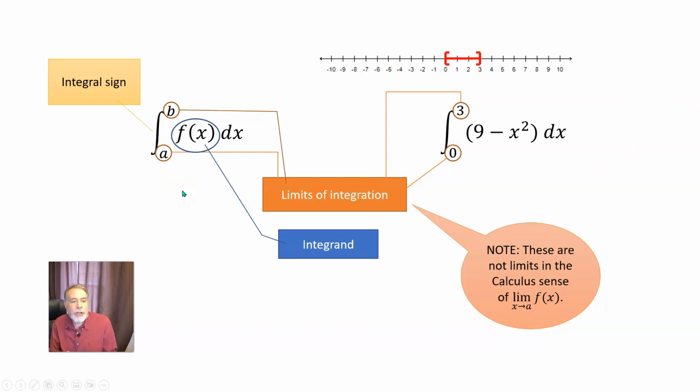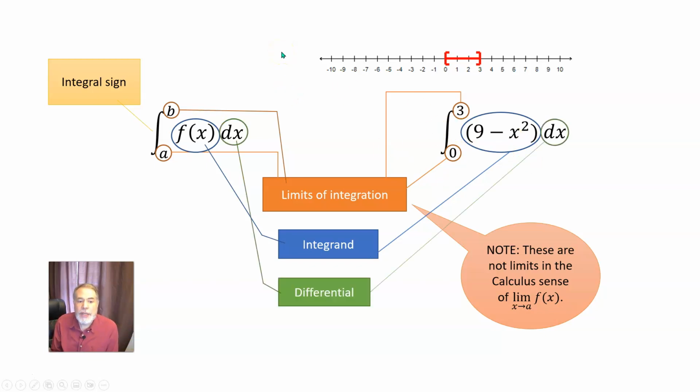Now, the function that we want the integral of is called the integrand. In my particular example over here, the integrand is the function 9 minus x squared. And then the dx on the end is the differential.